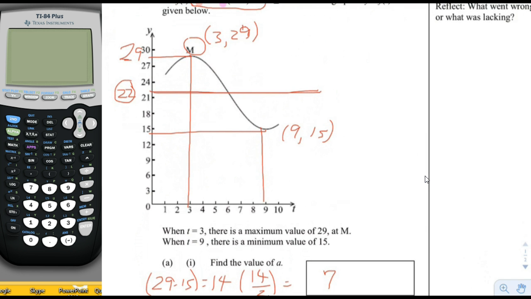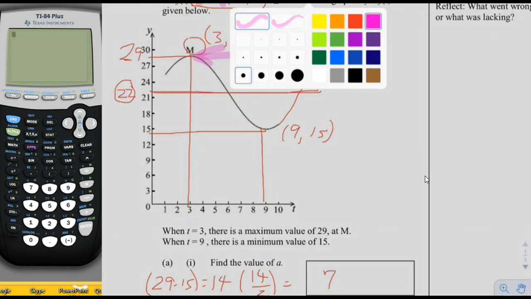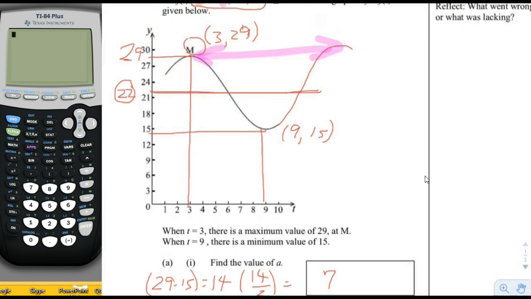Well, if we had two maximums, then we could say the period is the distance between the two maximums. Since we don't have that, what we could say is, well, the period is the distance between the maximum and the minimum, times 2. So how about if we do that, because we do have that.